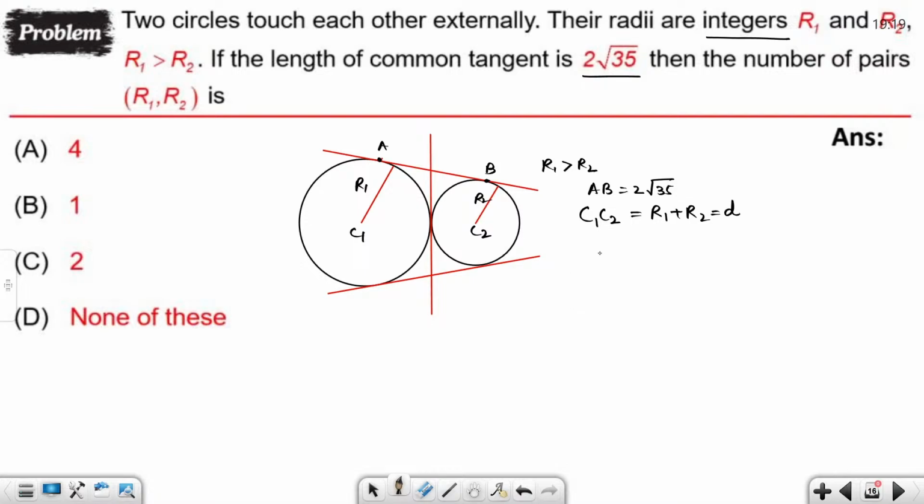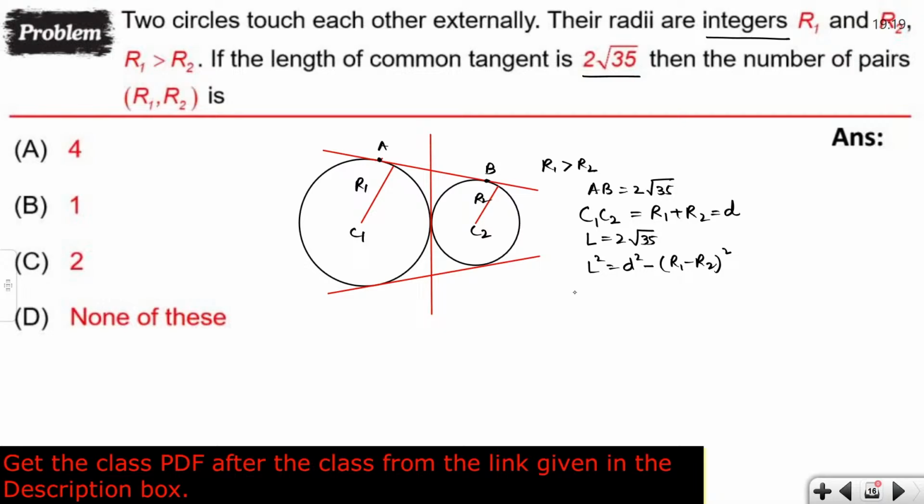Here they have said the length of the common tangent, and we have already decided that this common tangent is the direct common tangent. So your capital L is 2 root 35. Now we all know that L square is D square minus (R1 minus R2) whole square.